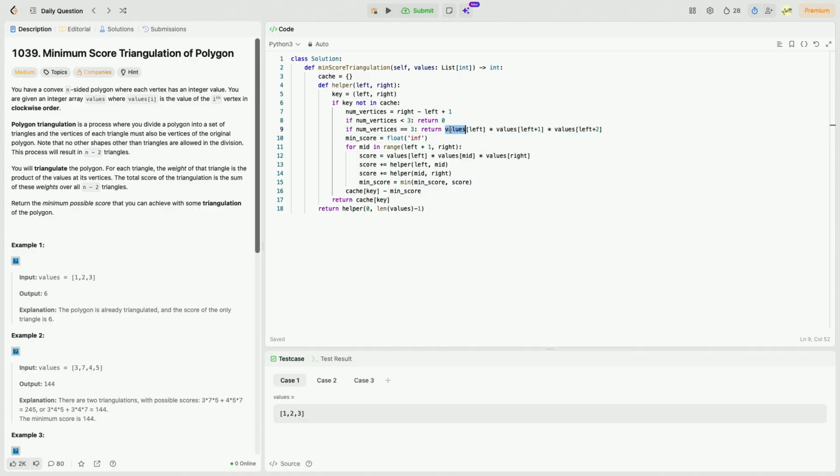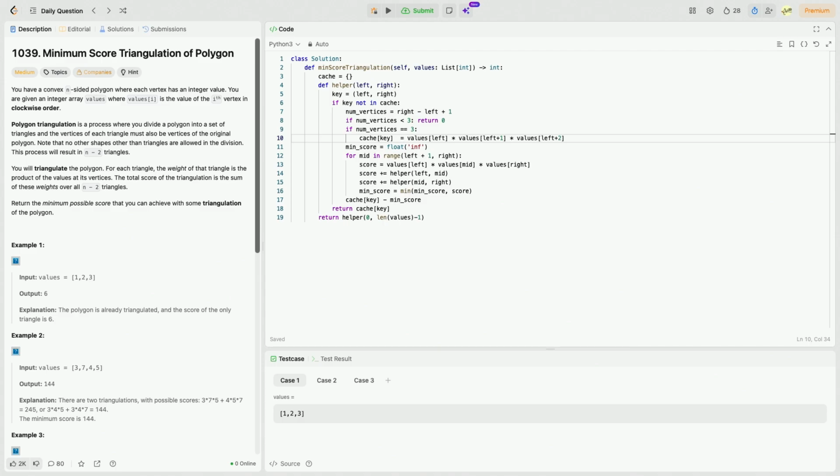Yeah, then we just compute the product of the consecutive values, which would be 6. And we can't return 6 here. We should put it in our key cache, right? Equals that.